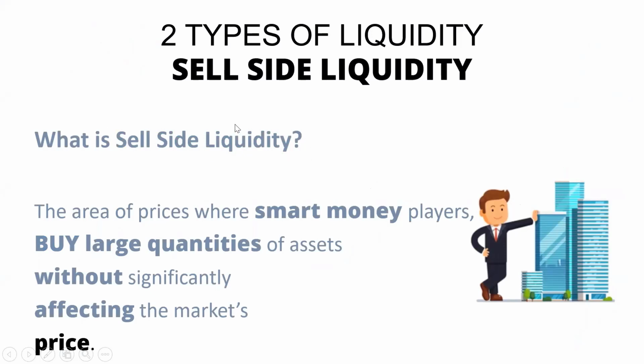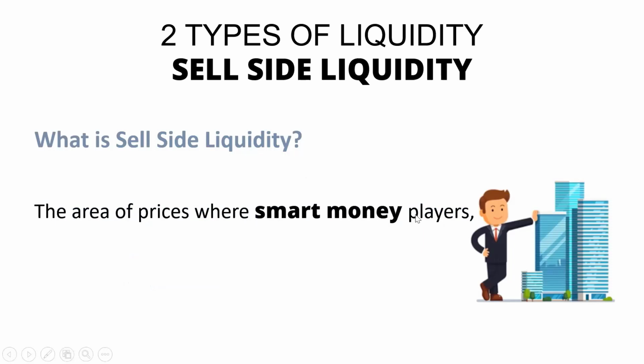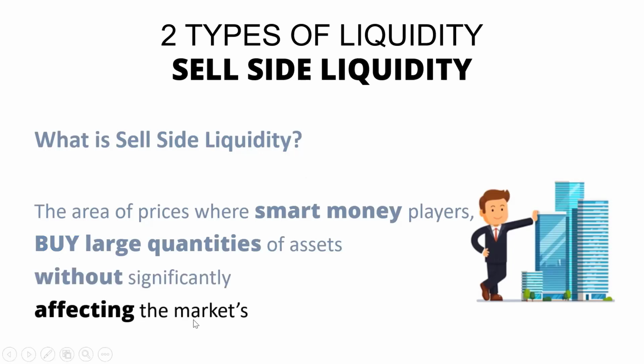These are where the retail traders are selling or going short, or getting stopped out if they are long, okay? So I'm going to read that again. The area of prices where smart money players buy large quantities of assets without significantly affecting the market's price.